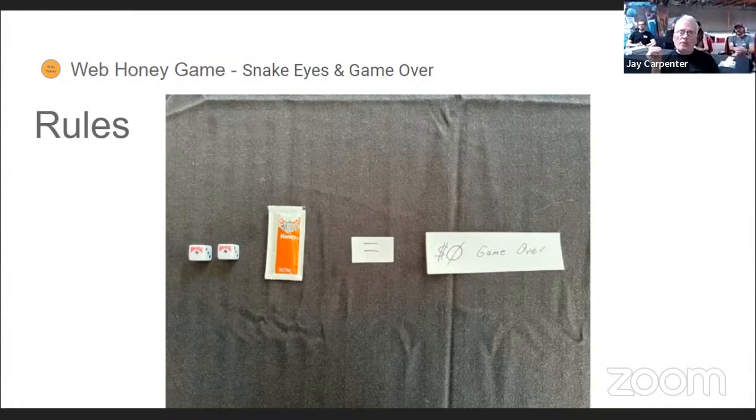However, there is another dimension to this game, because the honey packets are designed to represent this blur that we have between currency, securities, and utility tokens.